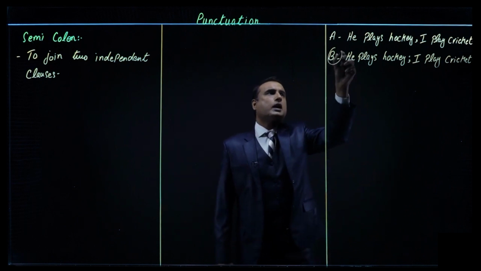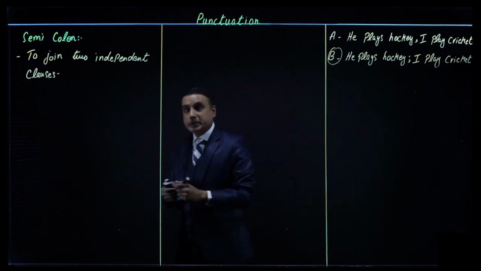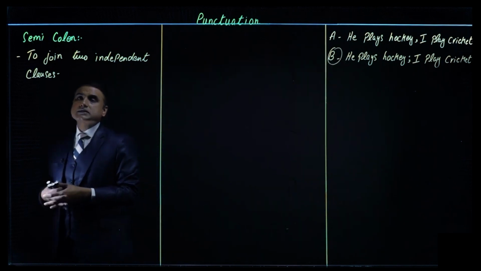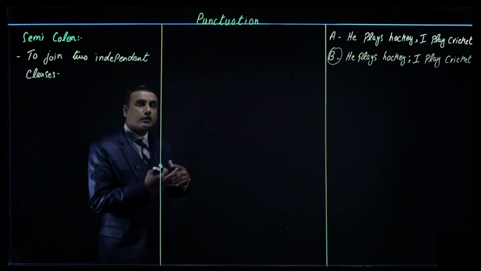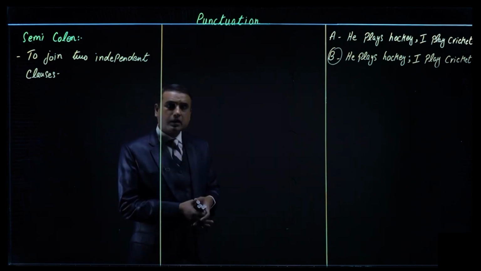So the right option for us will be option beta, because the two independent clauses cannot be joined by using comma. They must be joined by using semicolon.